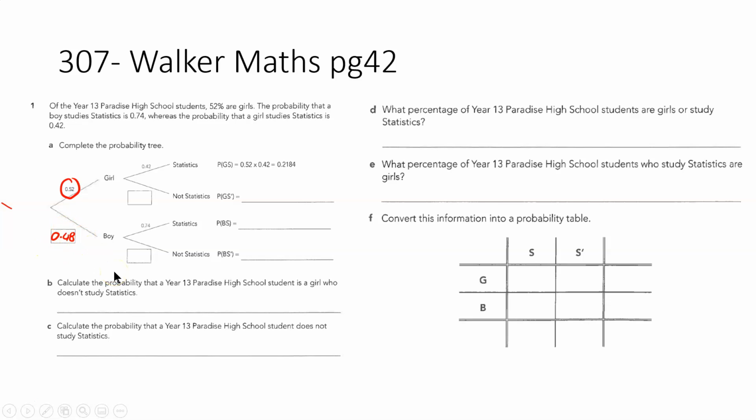Likewise with statistics: if it's 42% they're in statistics, it's 0.58 that they're out. If it's 0.74, so you're more likely to be in statistics if you're a boy than a girl, it means it's 0.26.